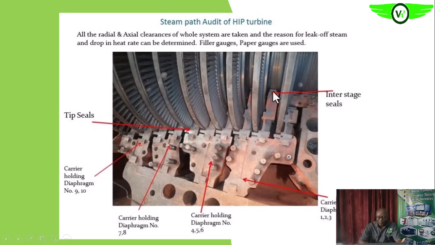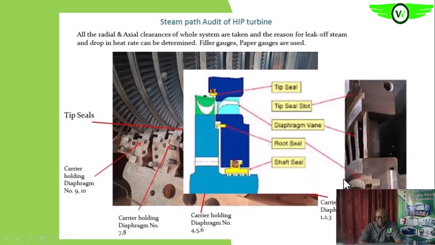If there are leakages here, that will reduce the amount of steam coming through this area, and thus reduce the kinetic energy available for conversion by the rotor blades. So the tip seal, the interstage seal, all the shaft seals, their clearances must be within tolerable limits.